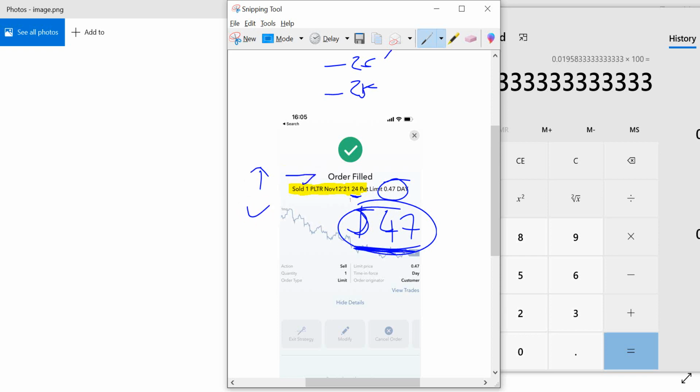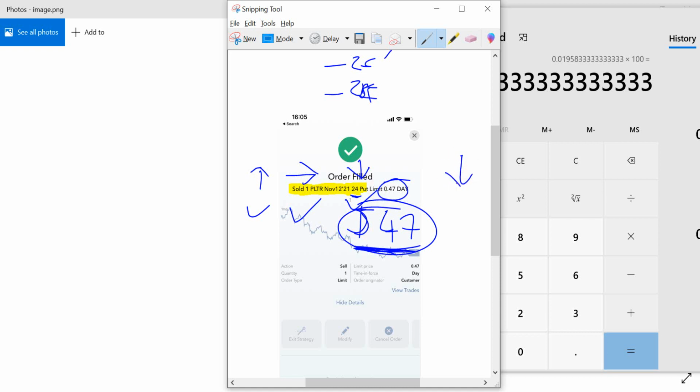If Palantir goes sideways and stays above $24, the option expires worthless, and I make money. I keep the premium. If Palantir goes down but stays above $24, I keep the $47.